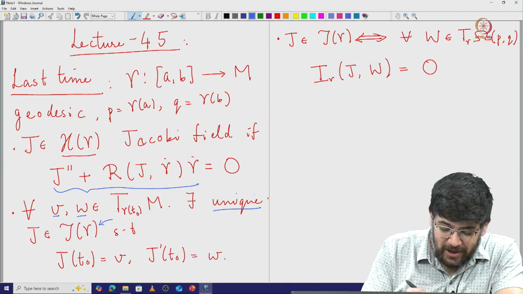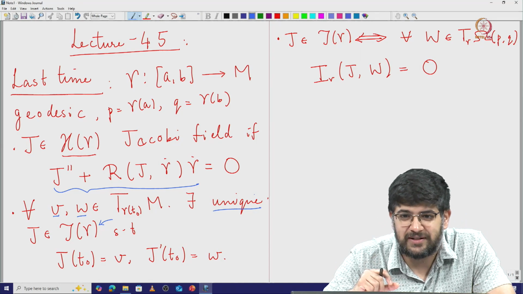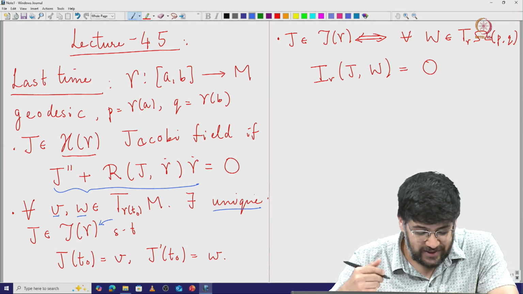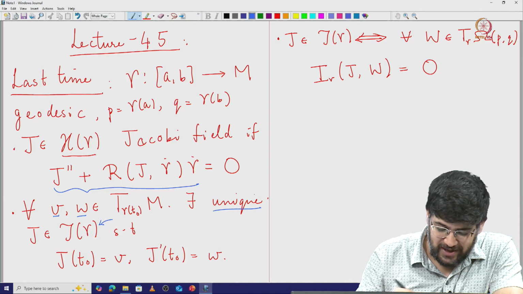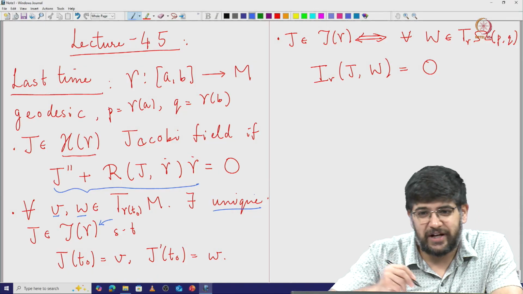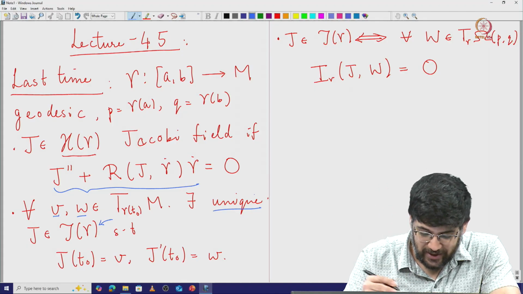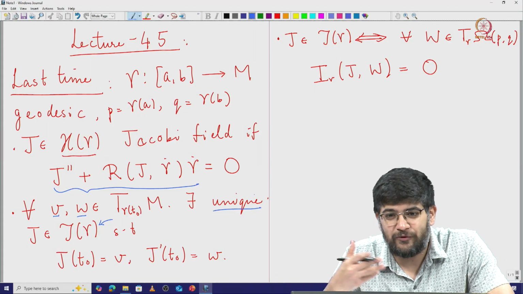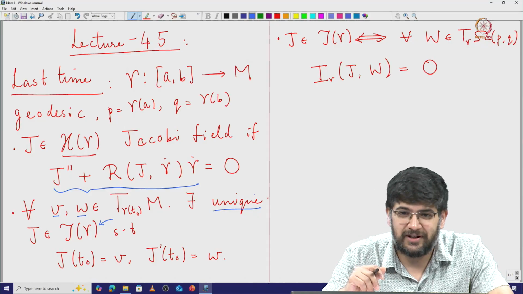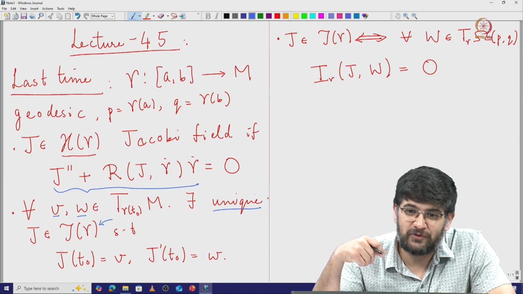So this J of gamma denotes the set of Jacobi fields along gamma. So there exists a unique J in J of gamma such that the value of J at t naught is V and the derivative at t naught is W. Of course all these derivatives are covariant derivatives along gamma, with respect to the velocity gamma dot.